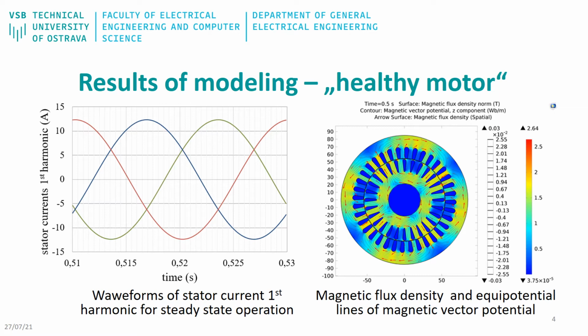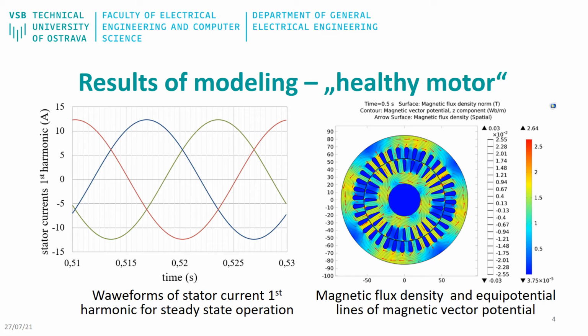After start and before connecting coil to ground, we can see that the current waveforms for steady state operation are steady and acquire the same value. This we can see on the left side of the slide. On the right side we can see the layout of magnetic flux density and equipotential lines of magnetic vector potential.